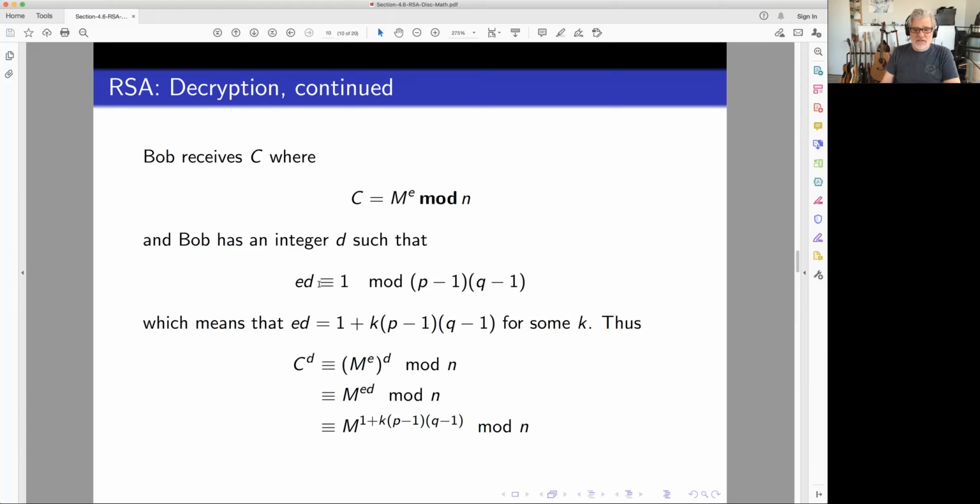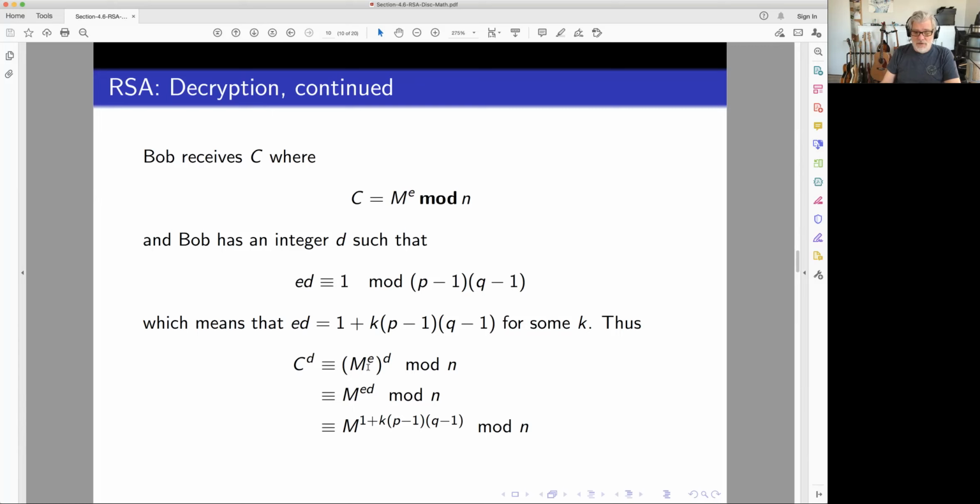We have E times D is congruent to 1 mod (P minus 1) times (Q minus 1). I'm going to translate that. We know it means that E times D is equal to 1 plus some multiple of (P minus 1) times (Q minus 1). Now Bob will raise C to the power D. C is congruent to M to the power E, so if you raise both to the power D, they're congruent mod N, obviously.